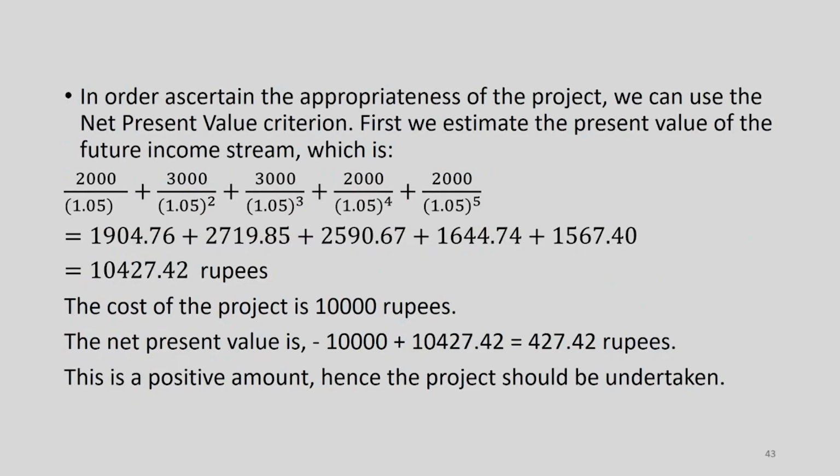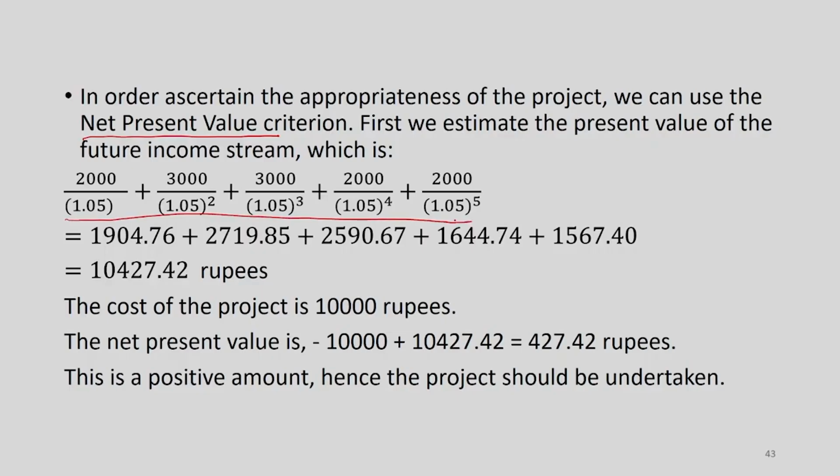So in order to ascertain the appropriateness of the project, we can use the net present value criterion. And what is this net present value criterion? First, we estimate the present value of the future income stream, which is given by this.